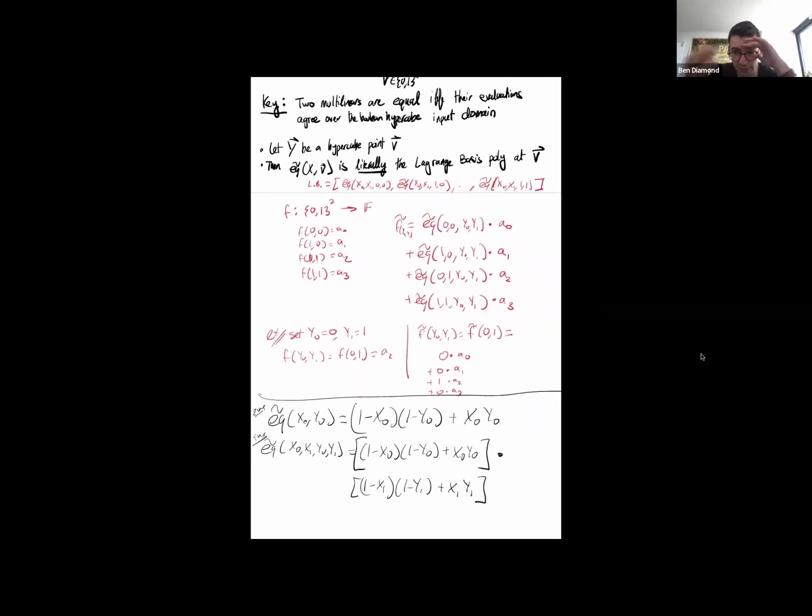Then I get existence and uniqueness. So the clean way of thinking about this is that for each number of variables and each degree constraint, you can come up with some domain that is a unique specifier for polynomials. In the multilinear case, that domain is the cube, but in the L-variate degree 2 case, the multi-quadratic case, you need some other kind of domain as a unique specifier, like some 3 by 3 cube.